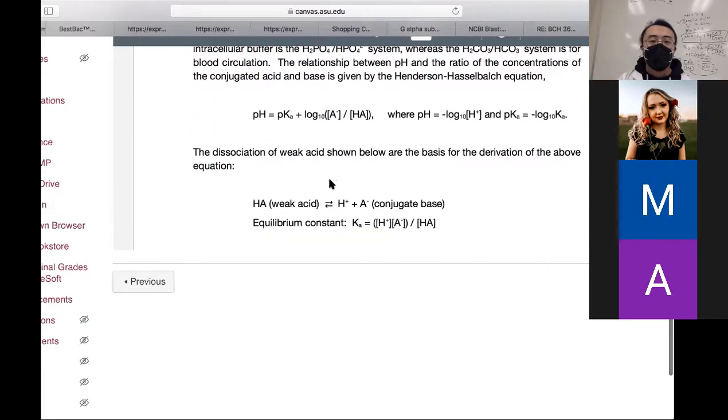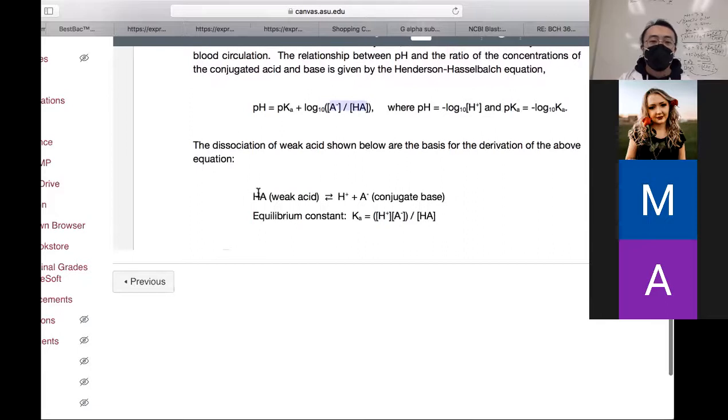So what are those? If you look at this equation here, this is a very simple equation describing the dissociation of a weak acid in a solution. The weak acid will dissociate and generate a proton and the conjugate base.